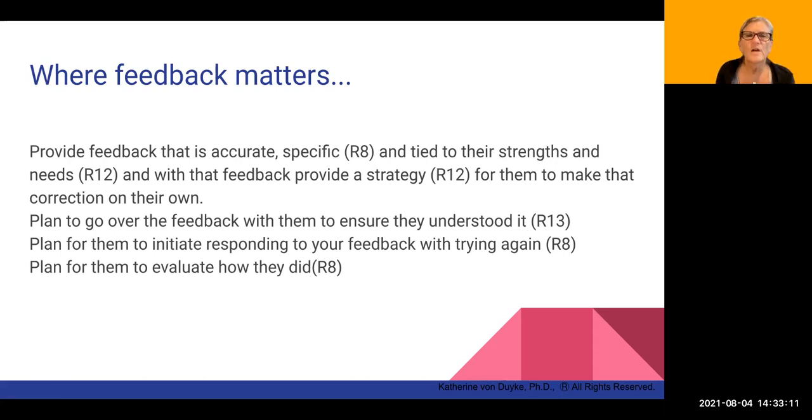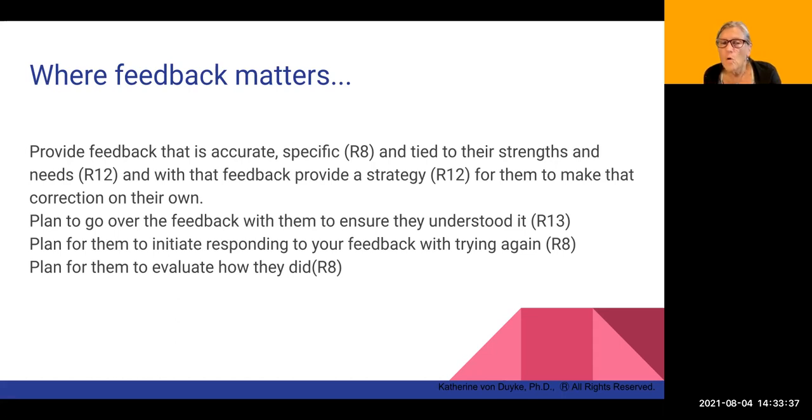Then here's a tricky one that you might not have thought of, but you also need to plan for going over the feedback with them. By the way, when you give them the feedback, you have to plan that they can try again. And ideally, if they can initiate responding to your feedback with trying again, so providing for a little pause in there, and then evaluate how they did.